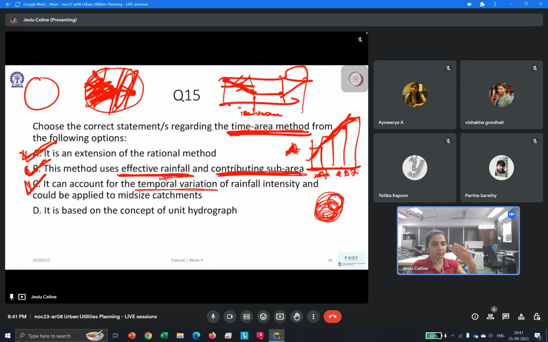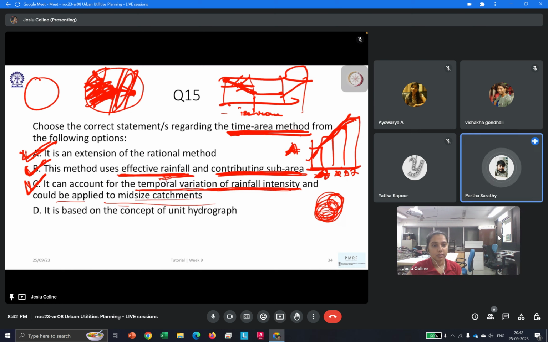By temporal variation, we mean how things vary with time. For each time, you get a certain volume of water, so it accounts for the temporal variation of rainfall intensity, and for all intensities, how much time it takes. This can be applied to mid-sized catchments. That is true.